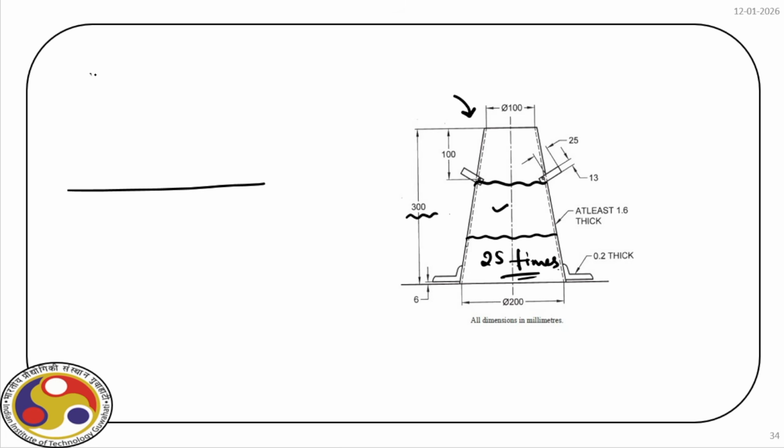Initially it had a height of 300 millimeter, that is the height of the cone. Once the cone is removed, the concrete settles down, and this height is measured, and this height dictates the type of concrete in terms of workability.